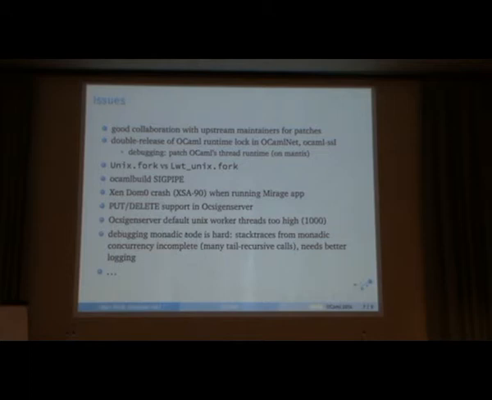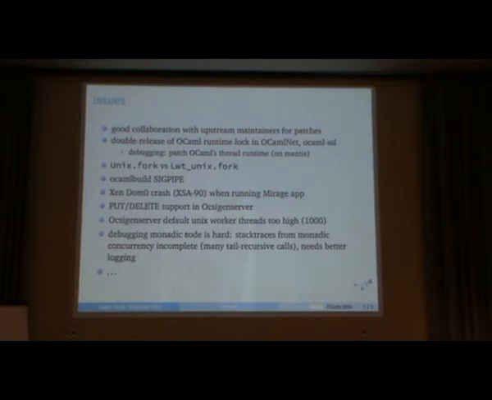And finally, my poster also describes some issues that I encountered while developing this code in OCaml. I have to thank the upstream maintainers for their good collaboration regarding accepting patches. In this sense, one interesting bug was the double release of the OCaml runtime lock, for which I wrote a debug patch to the thread runtime.